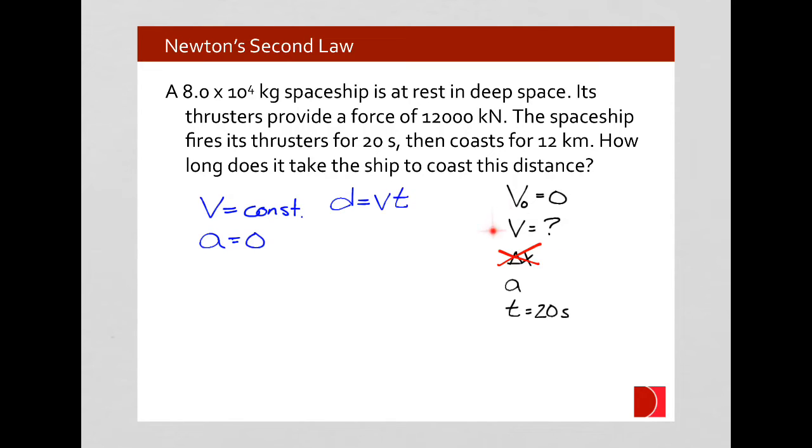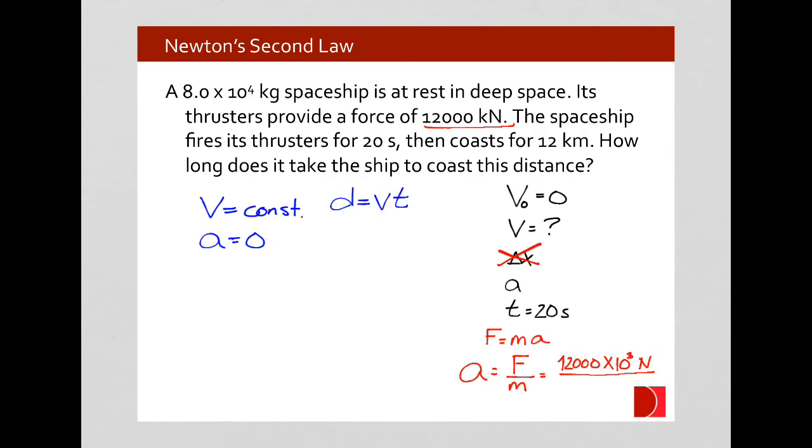And so if we want to find the final velocity of this acceleration, to see how fast it's going as it coasts, we need one more variable. We need the acceleration. And so we can find the acceleration from the force of the engines. So our force is mass times acceleration. So our acceleration is force divided by mass. The force is 12,000 kilonewtons, and so we're going to change that to 12,000 times 10 to the 3 newtons.